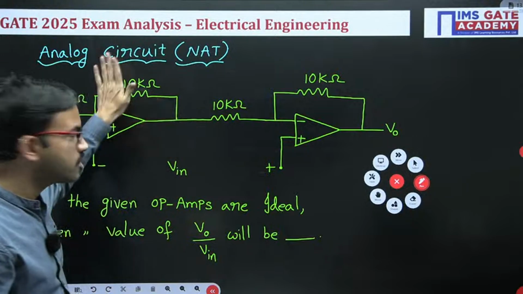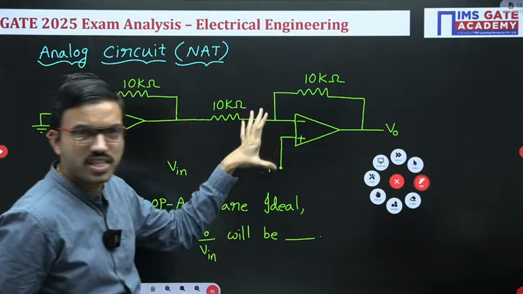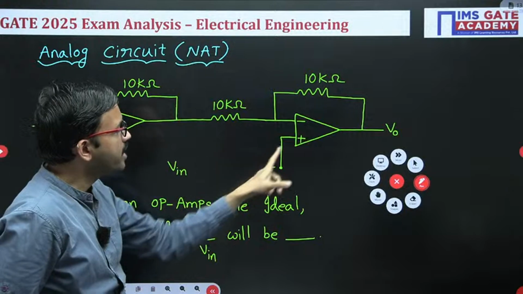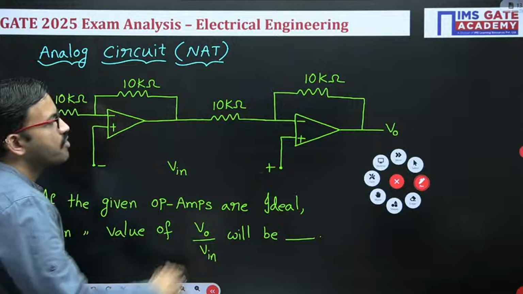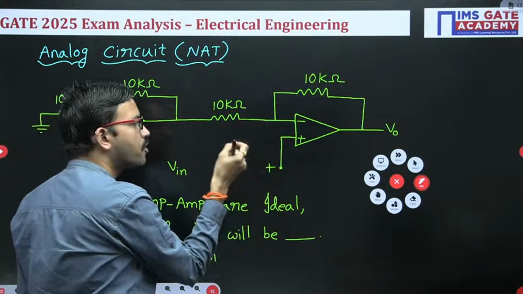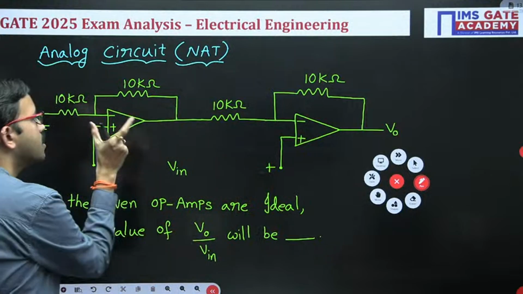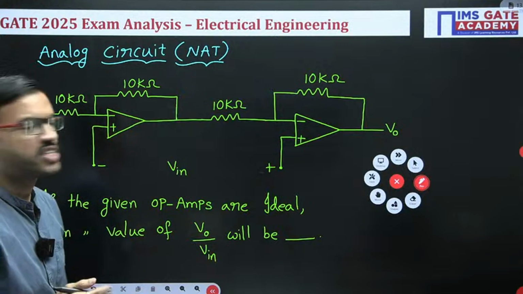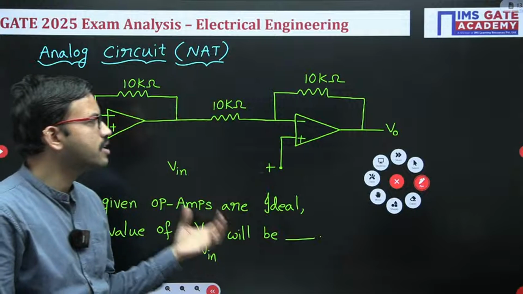Similarly, if you just ignore this part of the circuit and consider only this part, here for the inverting terminal we are giving the input, and for the positive terminal also we are giving input, correct? So here we have to consider the corresponding voltage with respect to the positive terminal and with respect to the negative terminal, whereas here with respect to only the positive terminal we can write down the corresponding output voltage.